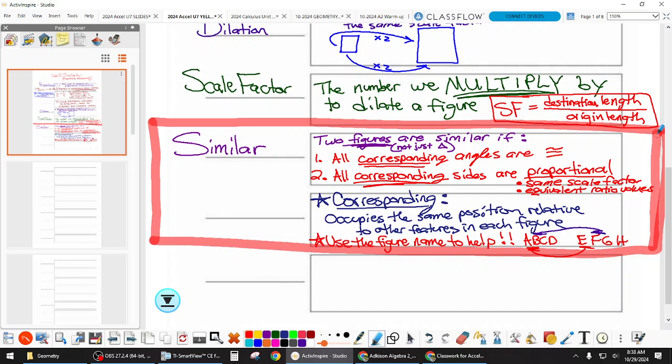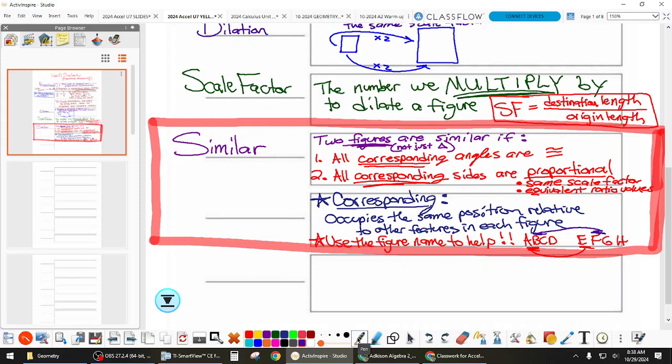This will be the basis for using similarity. We will, not today obviously, but we will have a chance to go outside and use this to measure things that we can't measure by just sticking a measuring tape. We call that indirect measurement because we can't actually measure it with our measuring tape. It's fun. It's actually very cool. Any questions on what similar means?